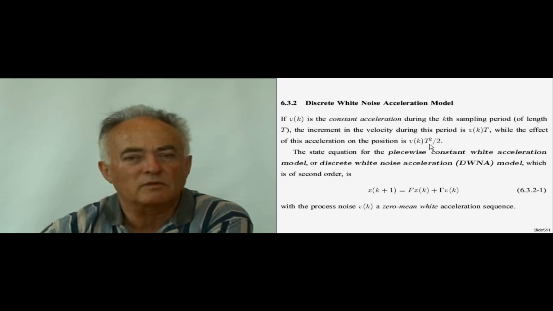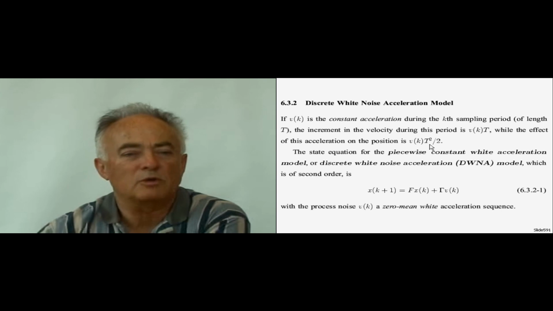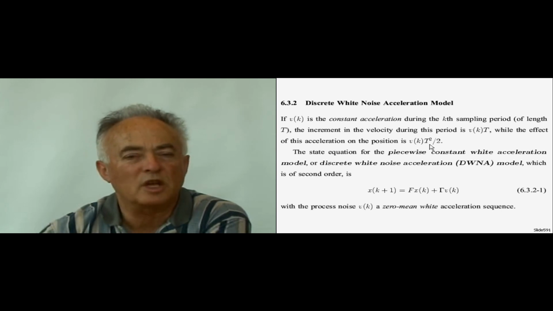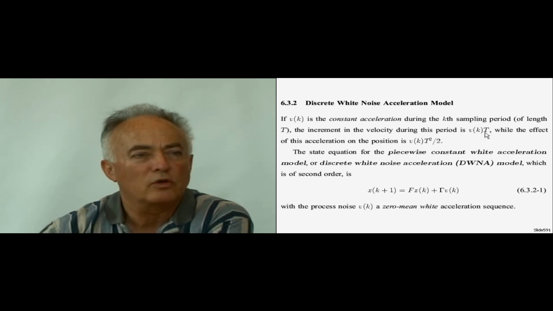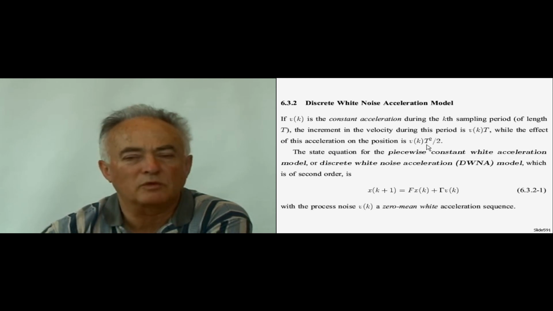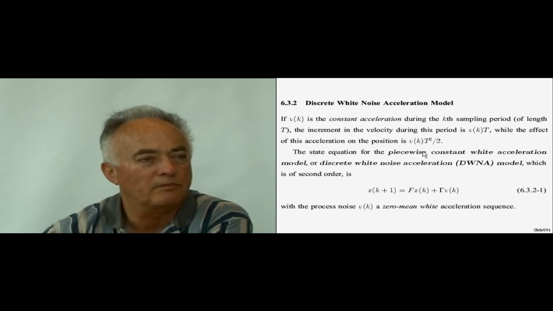So what we have is, based on this, the constant gamma, which is a vector, the noise gain term. Second element of it will be T, first element of it will be T squared over 2.